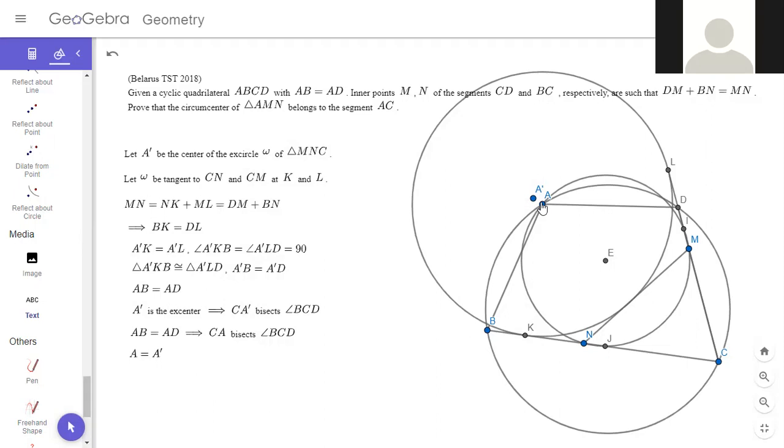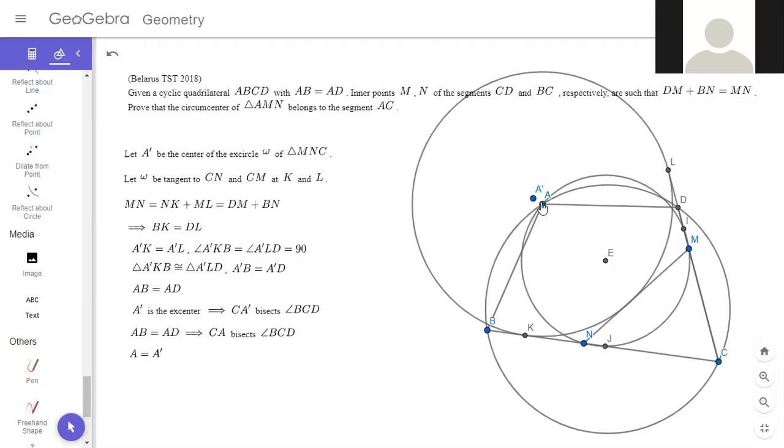Actually now I'm trying to think. I had the idea, but how does that finish it?